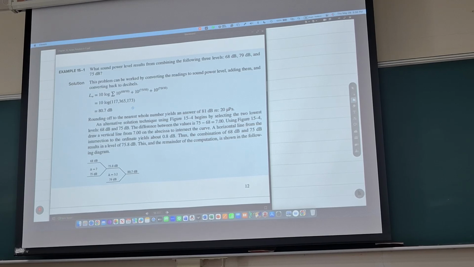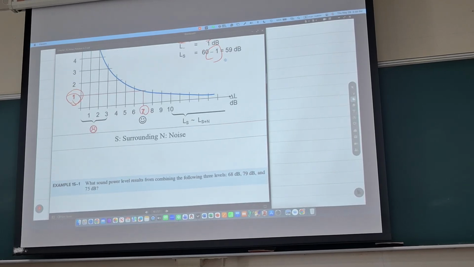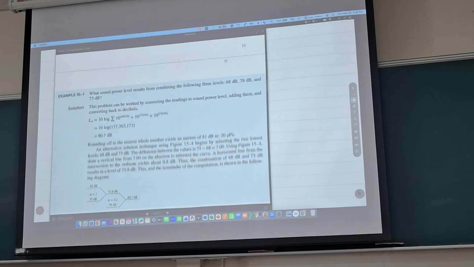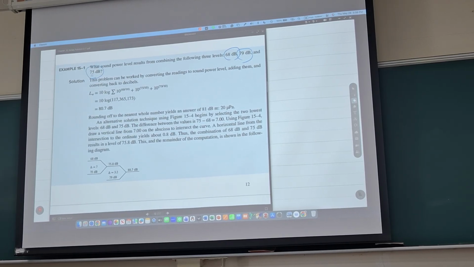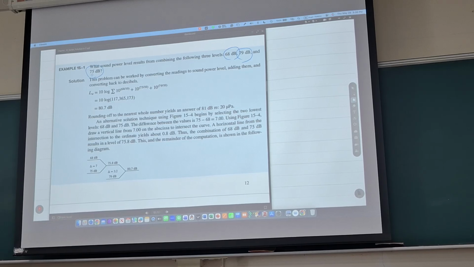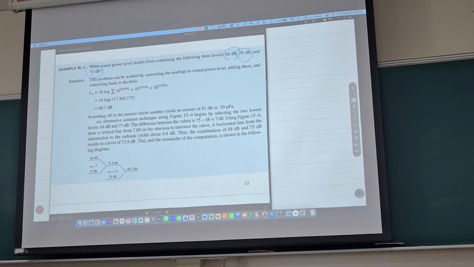What sound power level results from combining? So it's fine to do 2, right? How about if I have 3? Okay, so there are 2 ways.